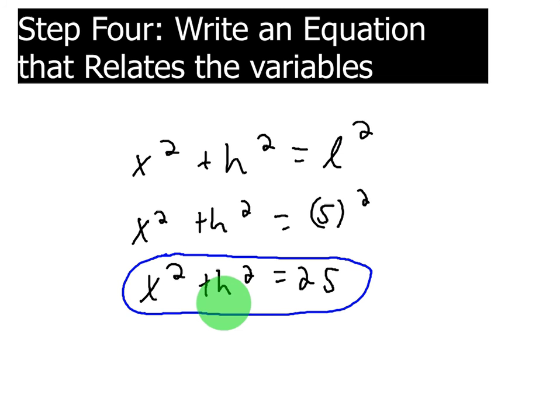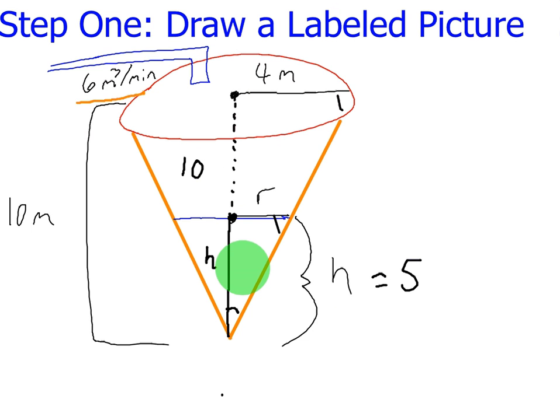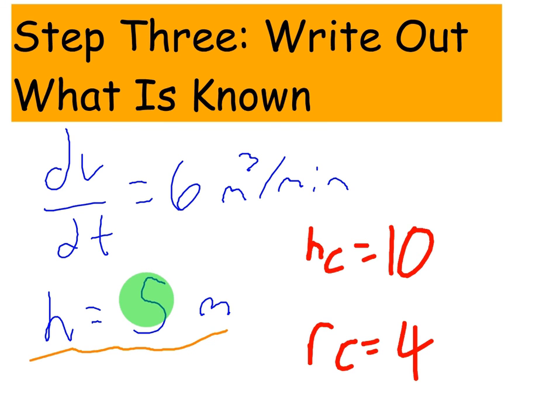However, for example 3, we did notice we had this cone, right? And we figured out just a few things: the rate at which the volume is changing and the height of the water level was 5 meters.